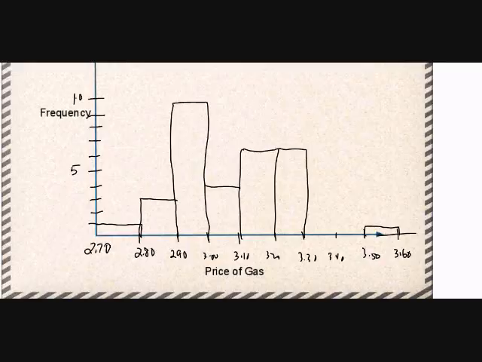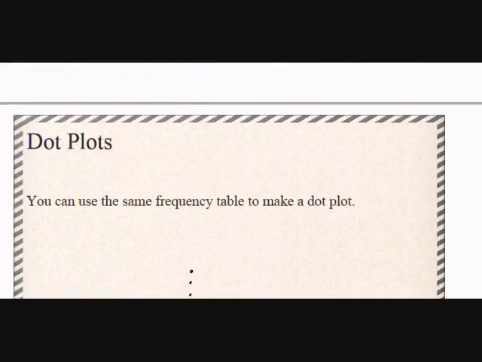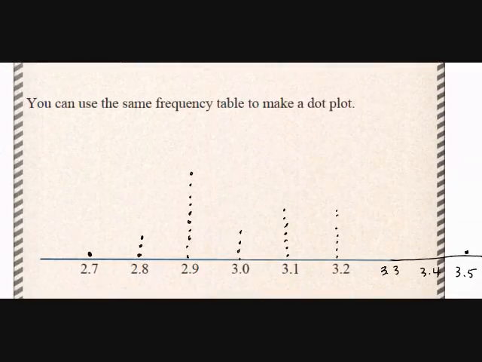On a bar graph I have names across the bottom, categories across the bottom. Then it's a bar graph, and the bars aren't actually connected on those. They're not supposed to be. But on a histogram, the bars are always next to each other, and it's numbers across the bottom. And it's supposed to be continuous numbers. Okay, back to the dot plot.